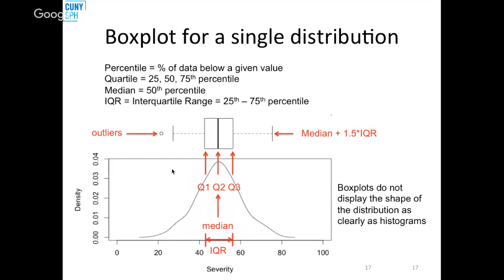You can still justify it. The point is just that you should be able to tell someone why you're doing it. And usually that would be a part of your methods. If you're writing up an analysis, you would say values beyond this range were excluded because something like this.